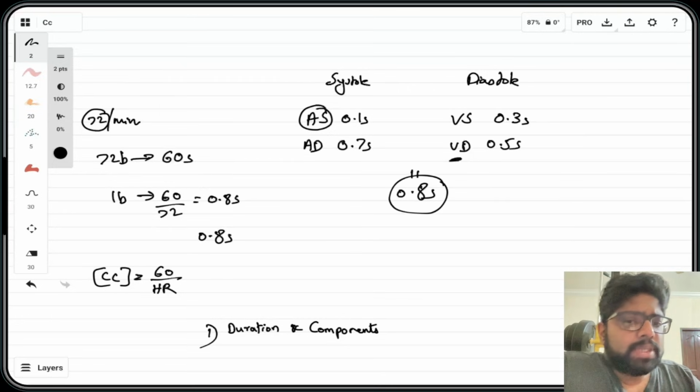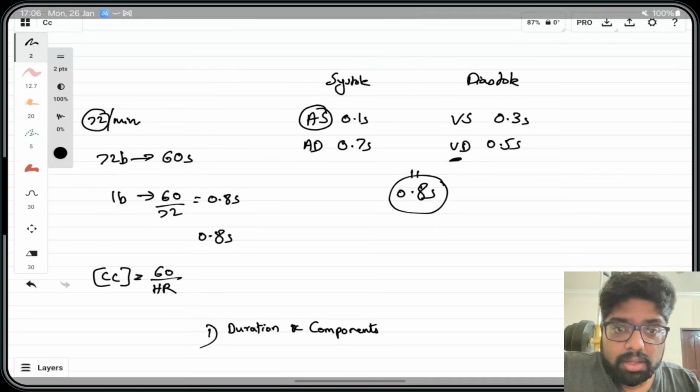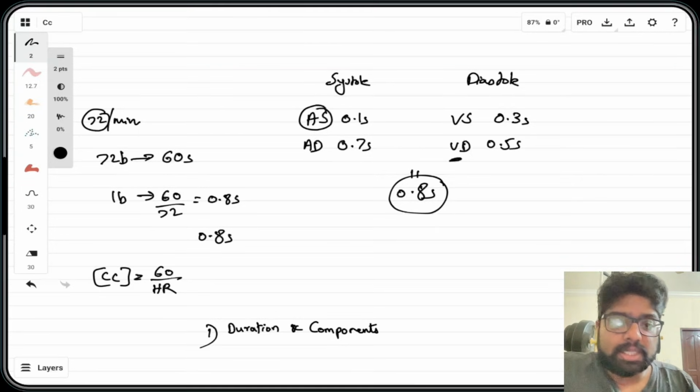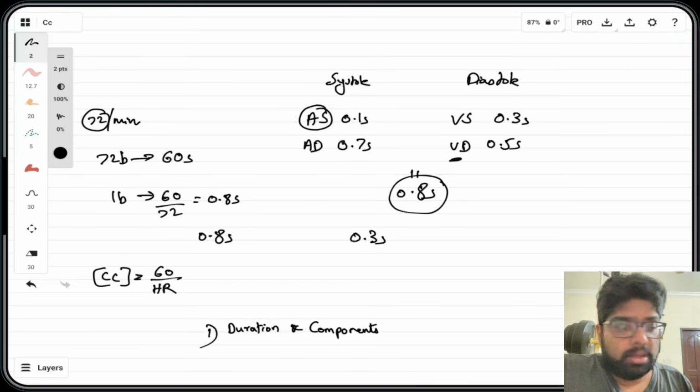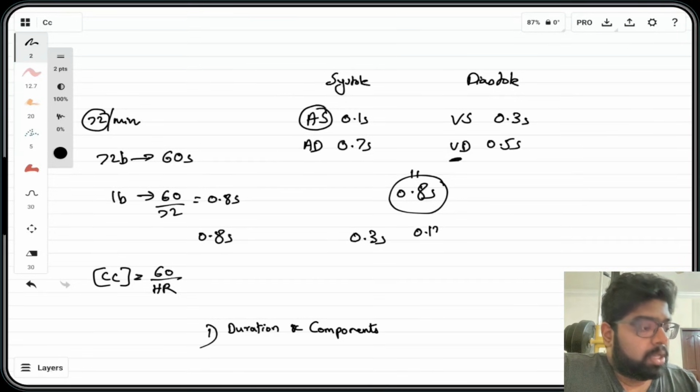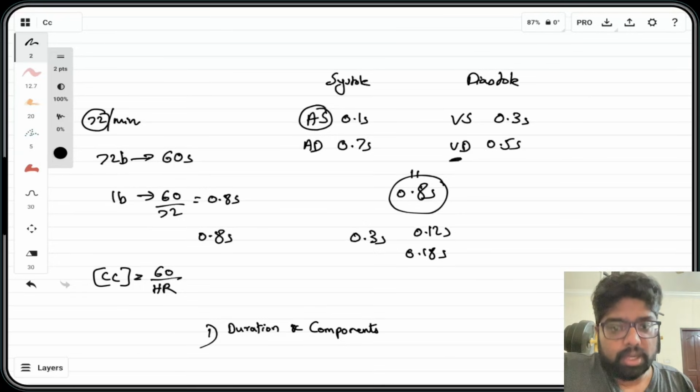But this might not always be the same, because the heart rate can change depending on various circumstances. For example, when we exercise, the heart rate can increase. With an increase in heart rate corresponding to the degree of exercise, the duration of the cardiac cycle can go as low as 0.3 seconds in total, where 0.12 seconds would be for ventricular systole and 0.18 seconds for ventricular diastole.